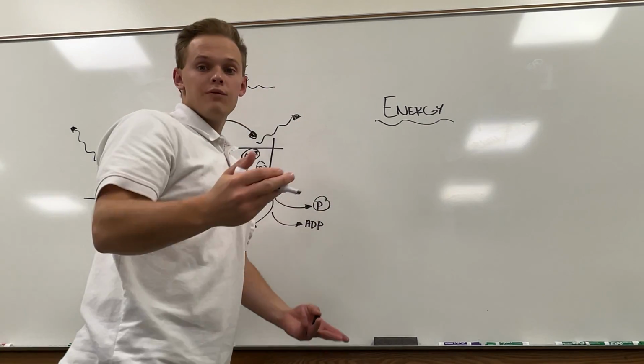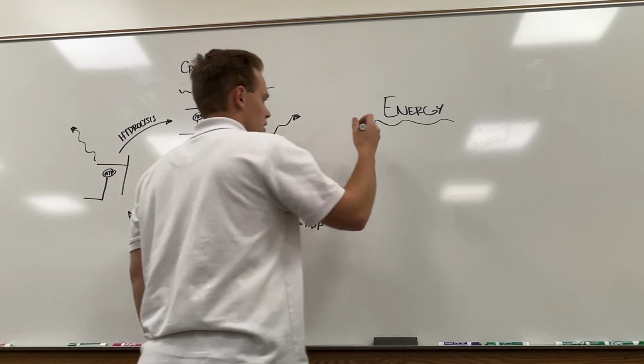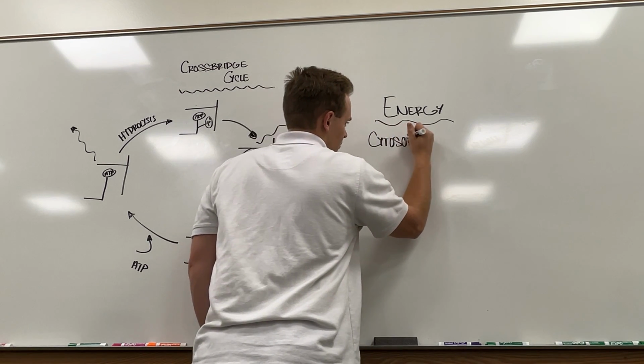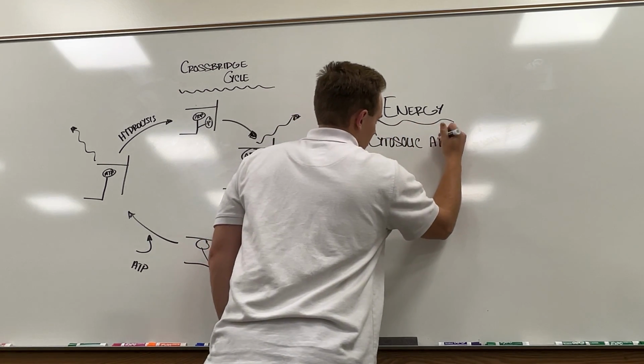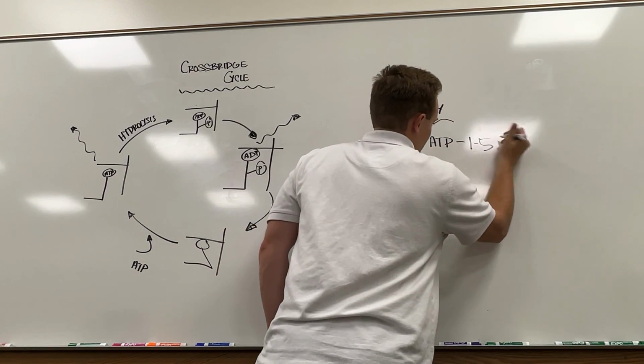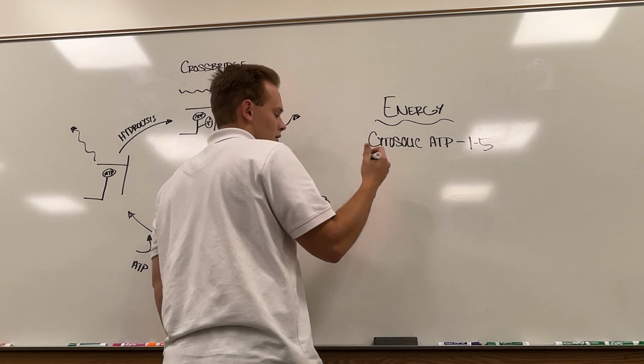So you can get your energy from a few different places in the body. First of all, you have your cytosolic ATP, which is going to give you energy for about 1 to 5 seconds. That's just kind of chilling in the cytosol.